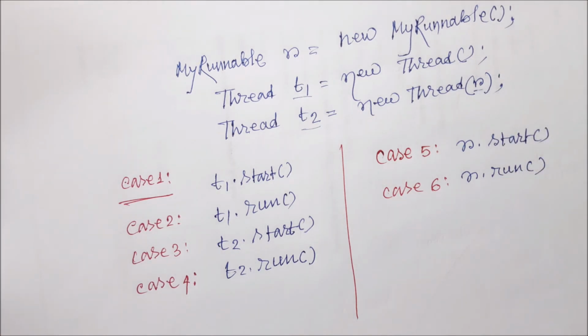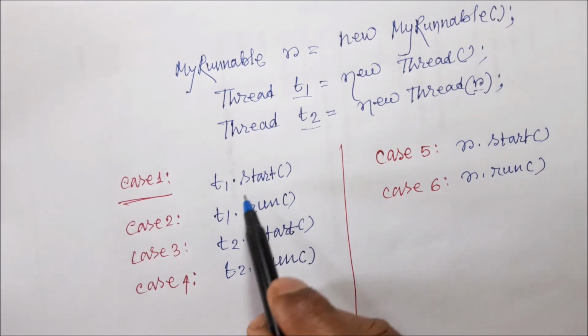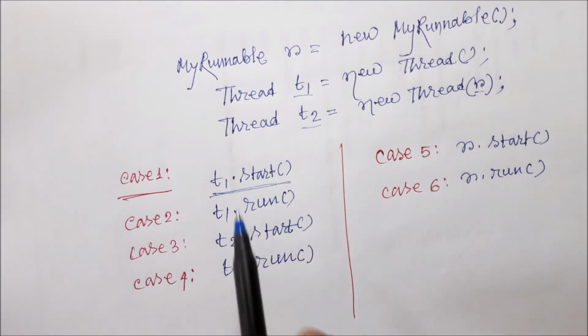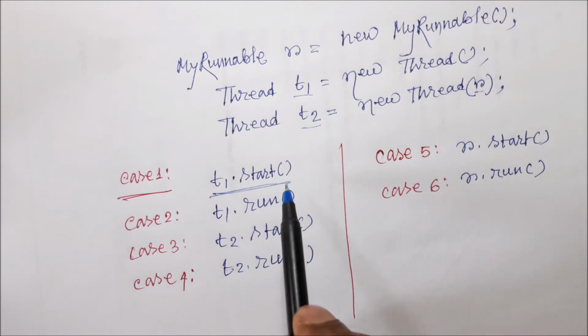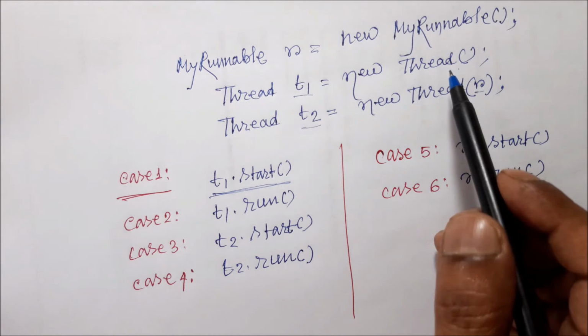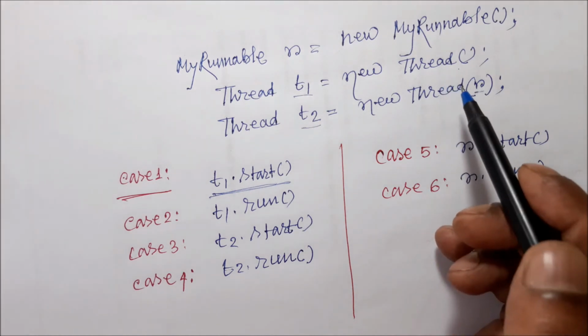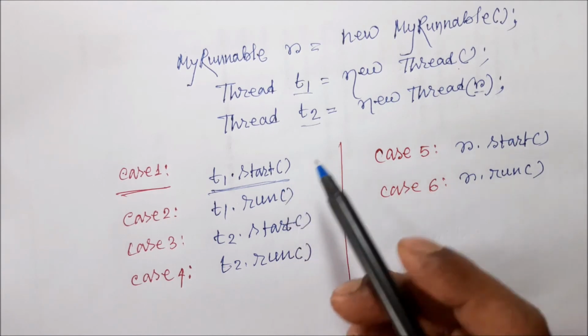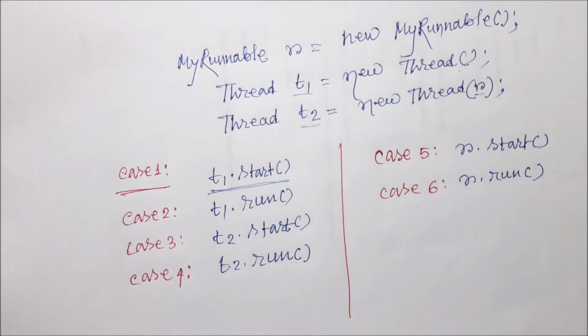In the first case, when t1.start is called, is any new thread created? I have already discussed that a new thread will be created, because it is responsible for executing the Thread class run method.